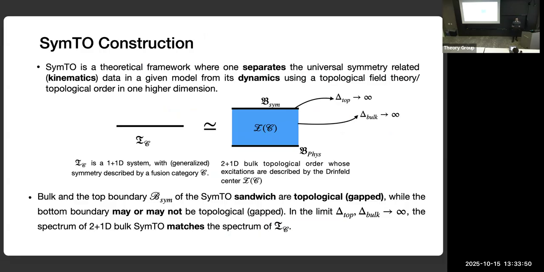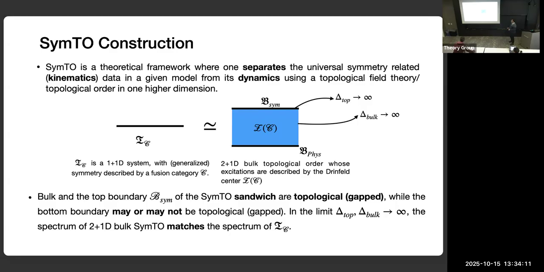So SymTO is a theoretical framework where one tries to represent or simulate the properties of some d-dimensional system using a d plus one-dimensional topological field theory. In this talk, I'll mostly focus on one-dimensional systems and two-dimensional topological field theories, or 1 plus 1 and 2 plus 1 dimensional.